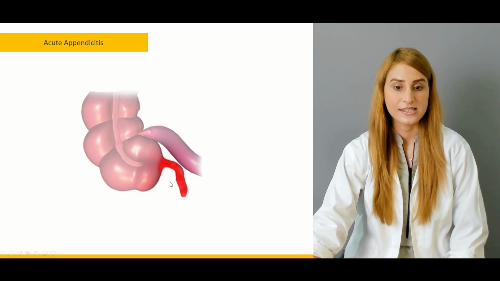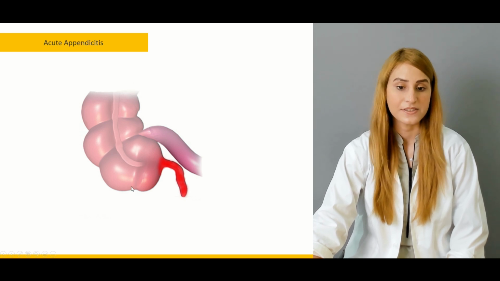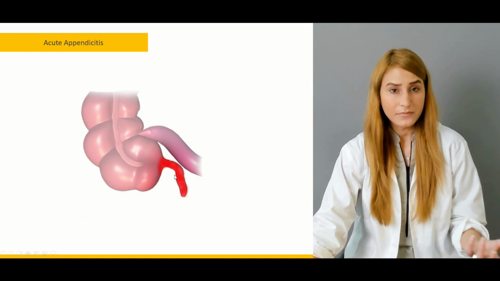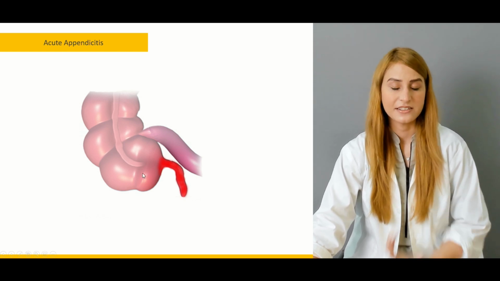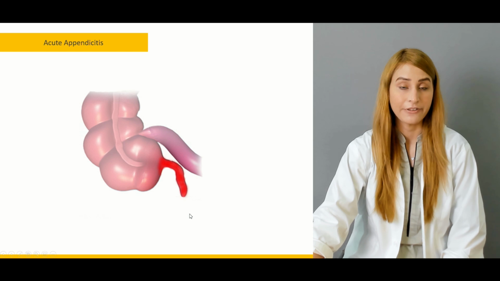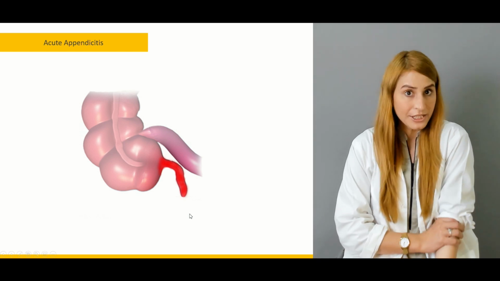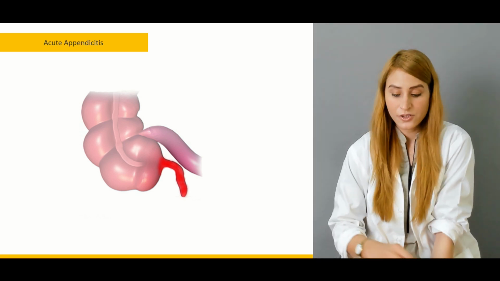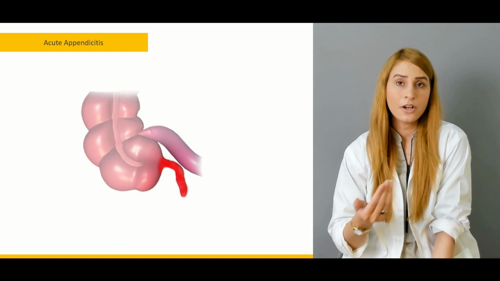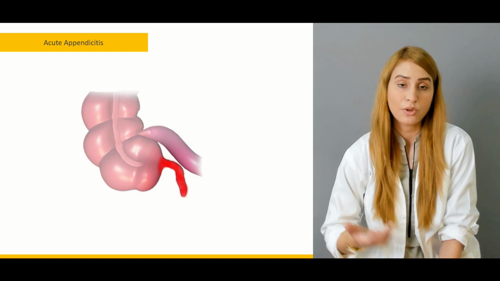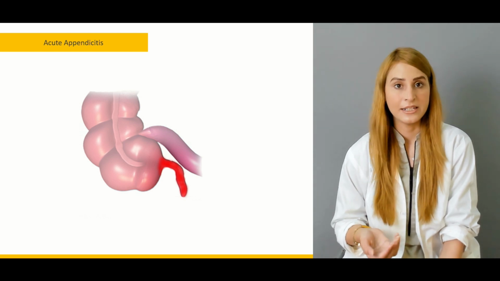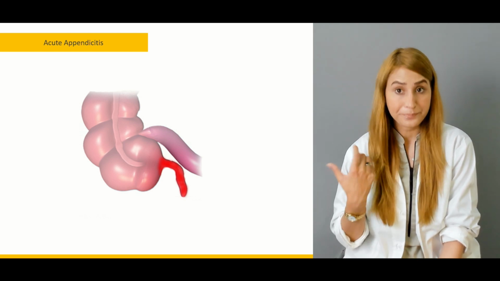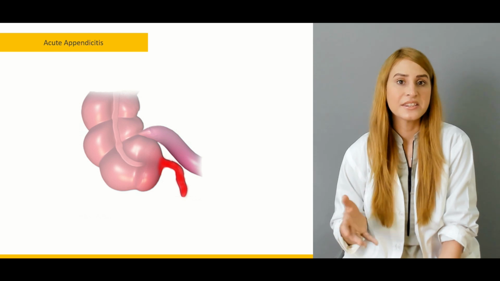I already told you that this is the cecum, and you can see here the tip of the appendix, the body of the appendix, and the base of the appendix that is attached to the cecum. And you can see here the red color is showing you the inflammation. So there are multiple theories which are trying to explain the pathophysiology behind acute appendicitis, but they're just theories.